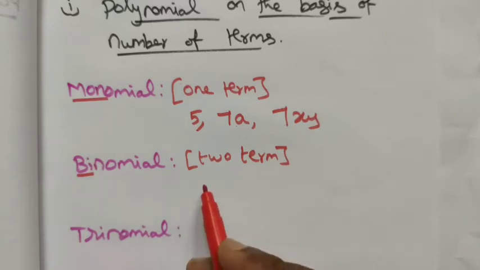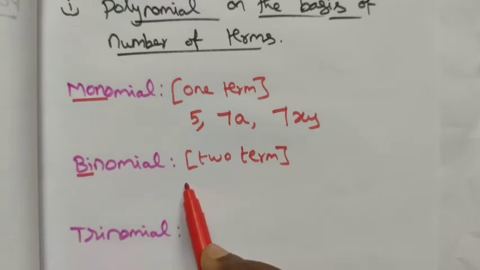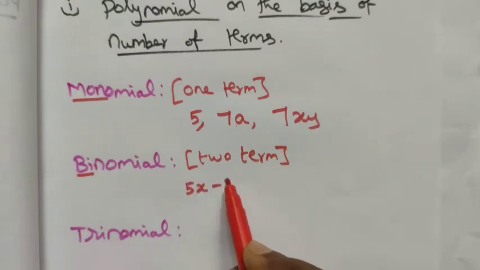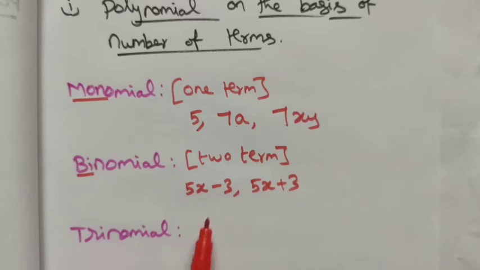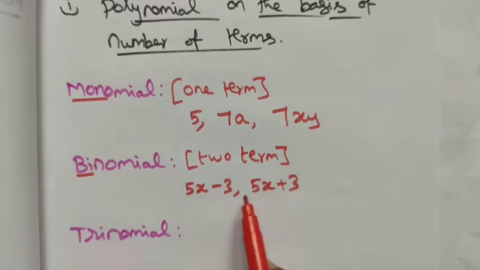For example, 5x minus 3, 5x plus 3. See, this is one term, this is another term. So the polynomial is separated by a minus symbol, or separated by an addition symbol. This is called a binomial.